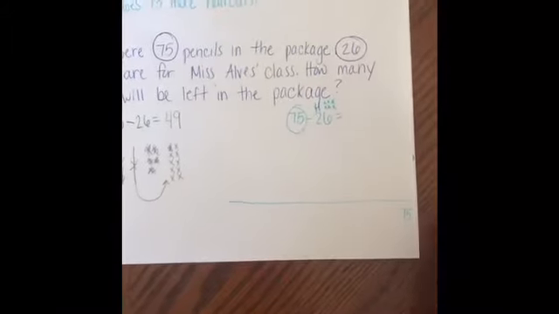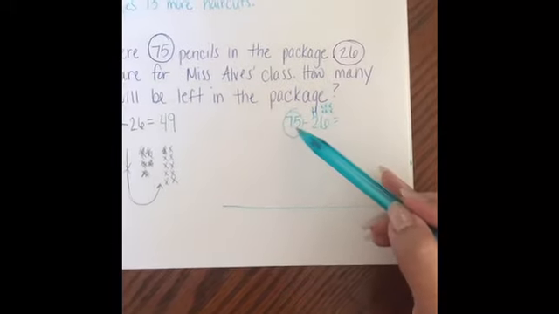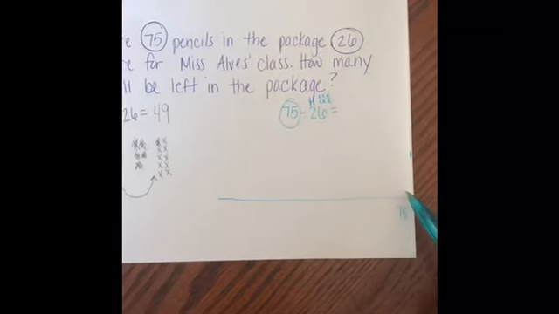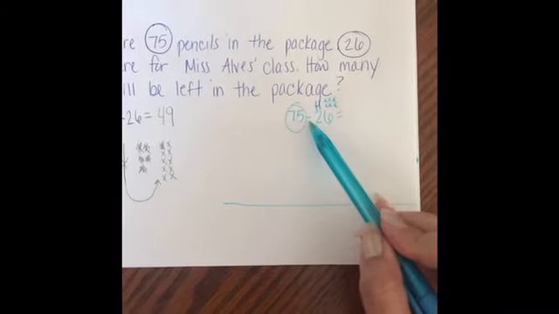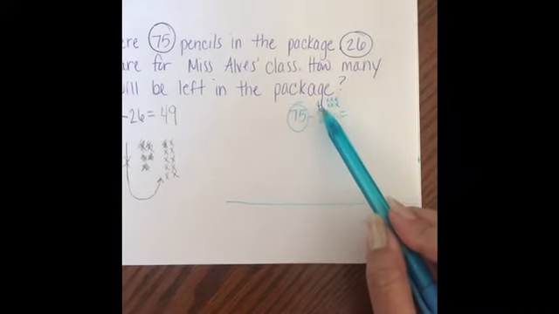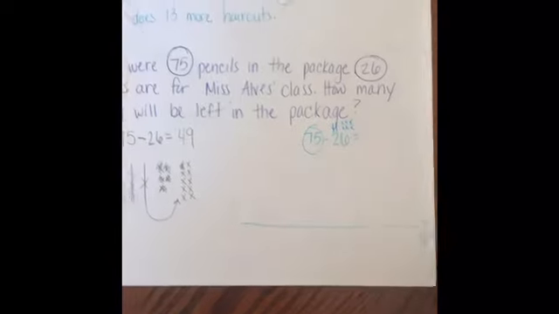Now, on to our second strategy, which should give us the same number, the same answer. We're going to do 75, put it on the bottom of the right side of the line because we're jumping backward when I see subtraction. I have 2 rods, which means I need 2 big jumps, and I have 6 cubes, which means I need 6 hops.